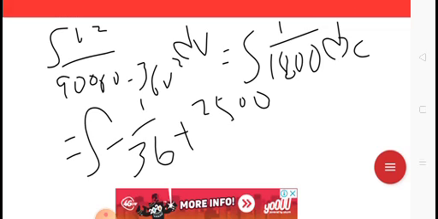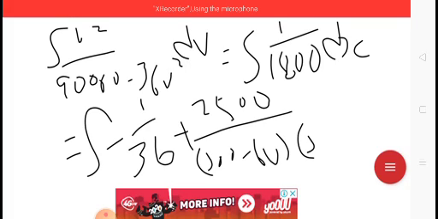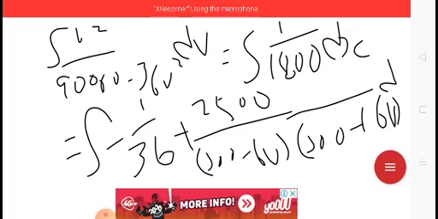The denominator you can factorize. The right hand side is still the integral of 1/1800 dx.